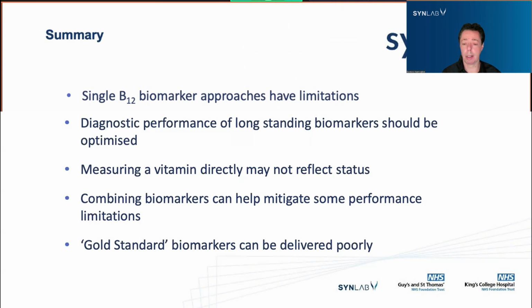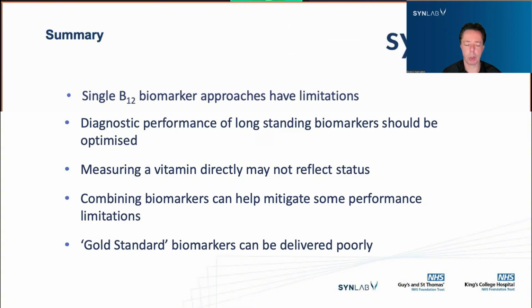And that's because if you're measuring vitamin directly in blood, it may not necessarily reflect the status at the tissue level. As you've seen here today, combining biomarkers together can help mitigate some performance issues.